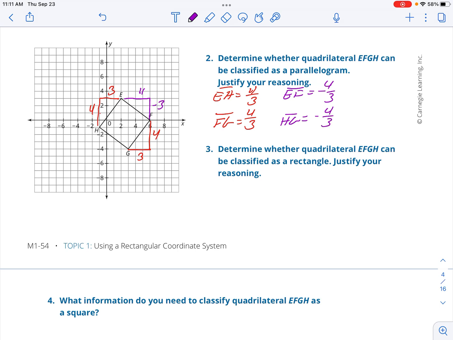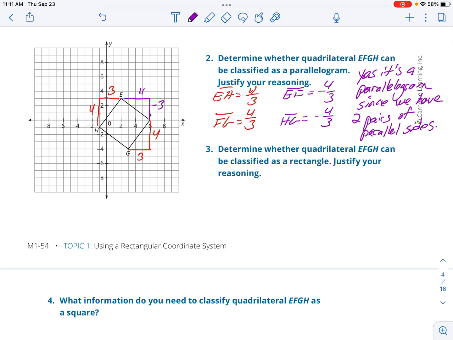So what we can say then is, yes, it's a parallelogram since we have 2 pairs of parallel sides.